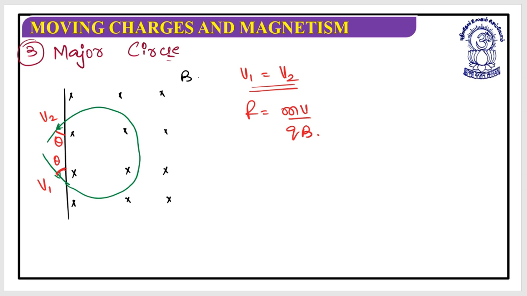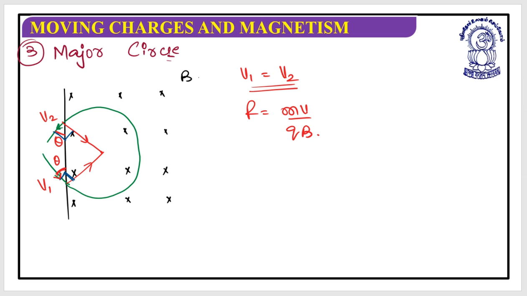Let's suppose this is the velocity vector, and this must be the center of the circle. Here the force should be acting, because it would be a centripetal force. If I observe this carefully, this is 90 degrees, and this must be 90 degrees too.